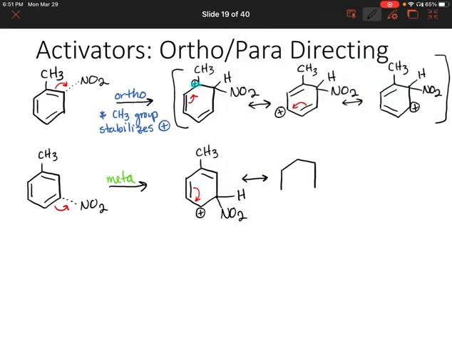So we'll move some pi electrons over. All right, so looking at this resonance structure, the positive charge still isn't as close to the methyl group as it is when we add NO2 to the ortho position.